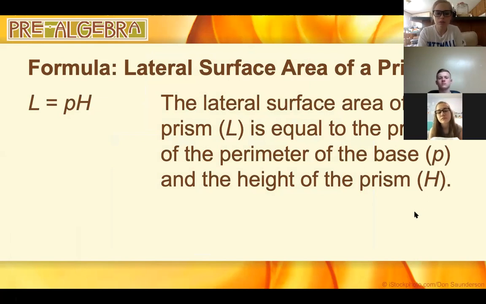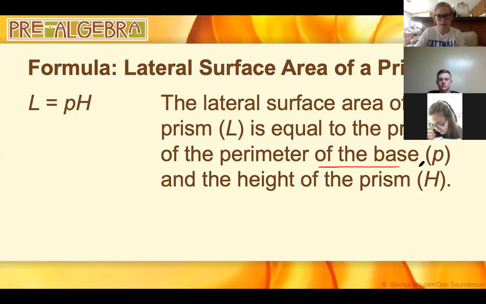The lateral, here's the formula you want to know. The lateral surface area of a prism is the product of the perimeter of the base and the height of the prism. So P, little p right here, stands for the perimeter of the what?